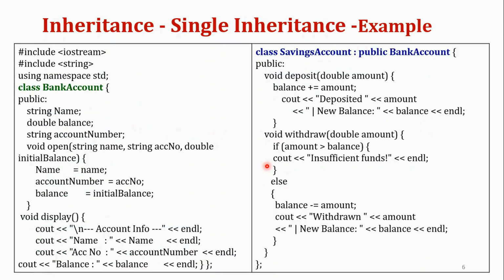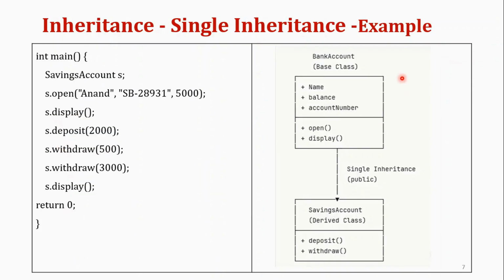This is another real-world application, using banking. Here I'm not explaining what is inside the functions and the member data. I'll explain the overview. The base class name is BankAccount, and I'm inheriting it to SavingsAccount in public mode.